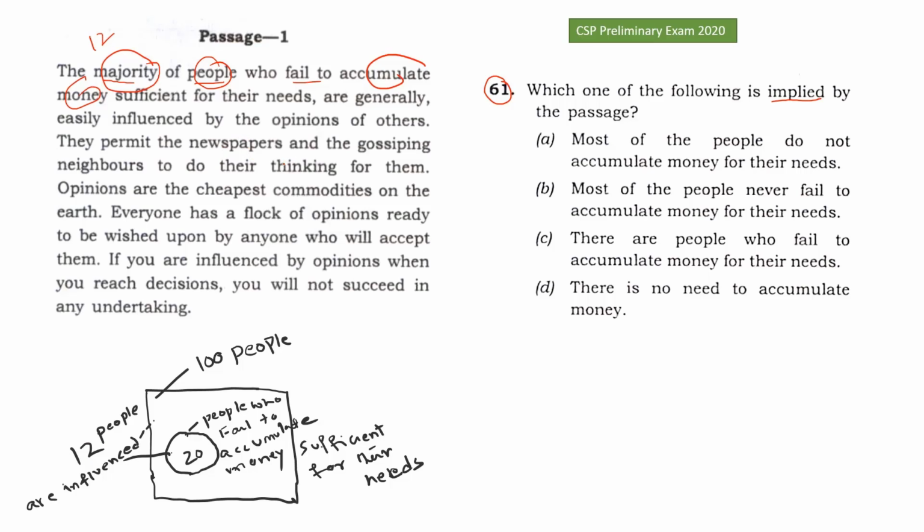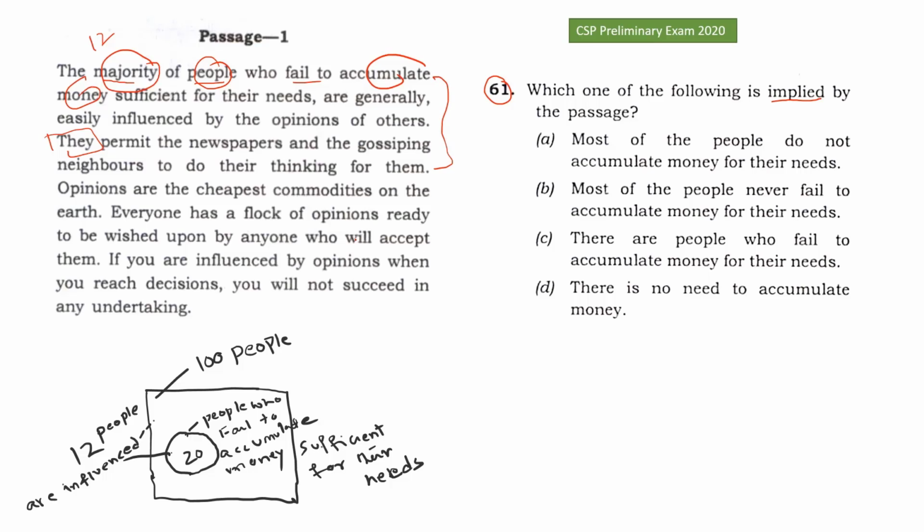Now they permit the newspaper. They. Oh, now I see some connection between the first sentence and the second sentence. They means what? Again, these 12 people, the majority of people. These people permit the newspapers and the gossiping neighbors to do their thinking for them. So these two statements are connected.